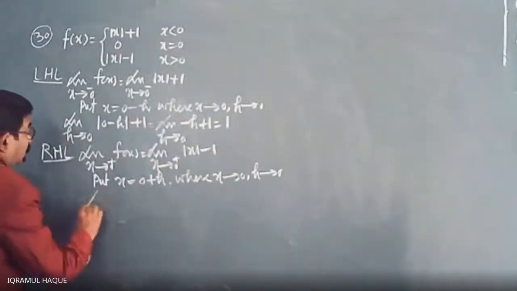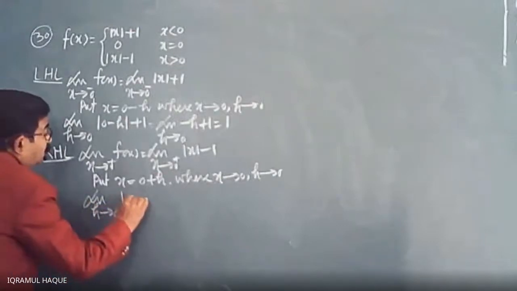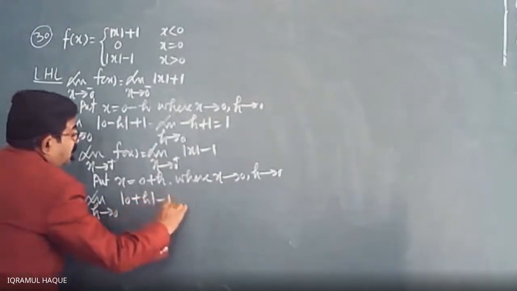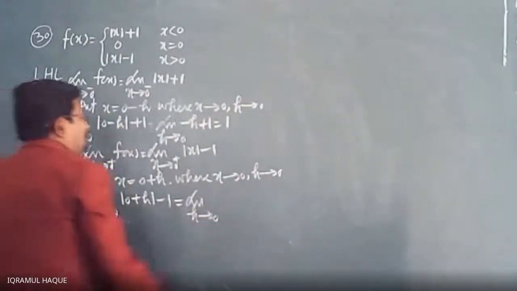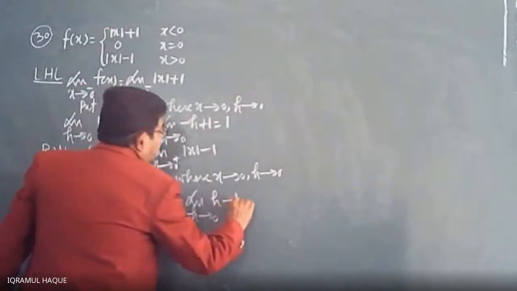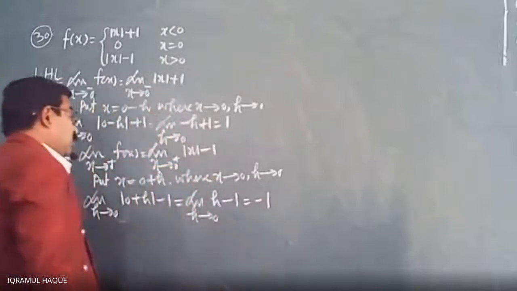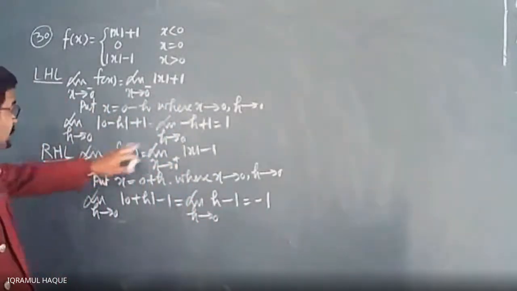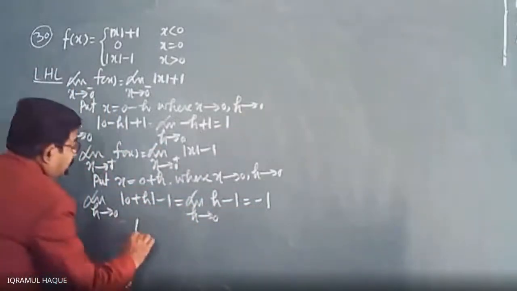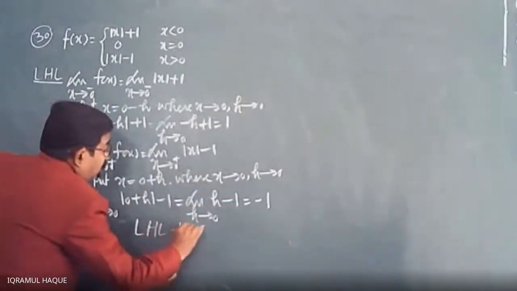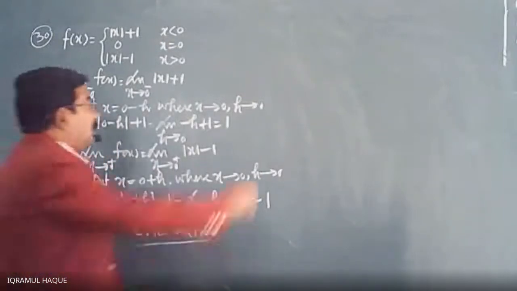So limit h tends to 0 of 0 plus h minus 1, which is h minus 1. Put h equal to 0, it becomes minus 1. So we see that LHL is equal to 1 and RHL is equal to minus 1. So LHL is not equal to RHL, which means this limit does not exist.